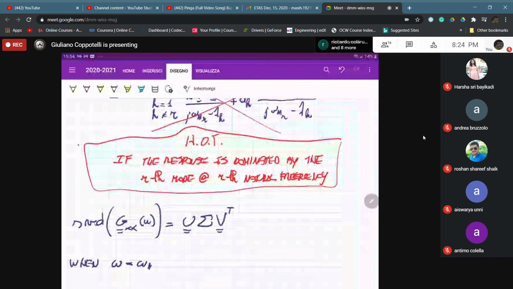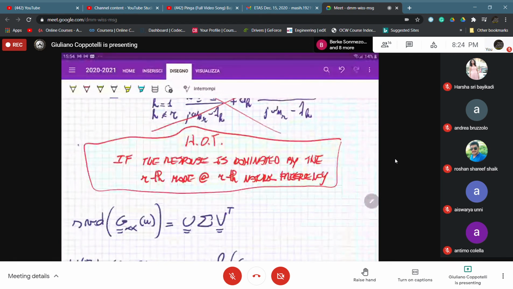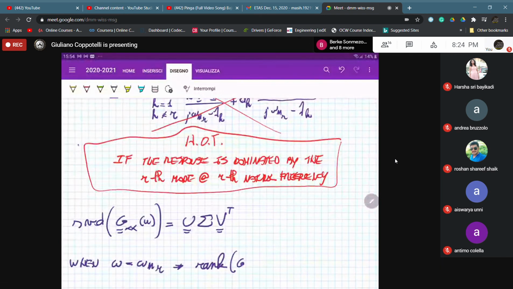Okay, it follows that the rank of your Gxx matrix when omega is equal to the r natural frequency is practically 1 by hypothesis.